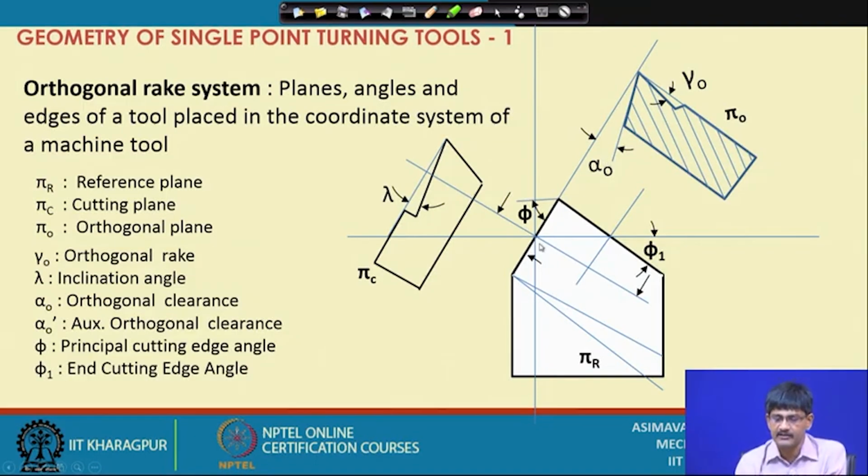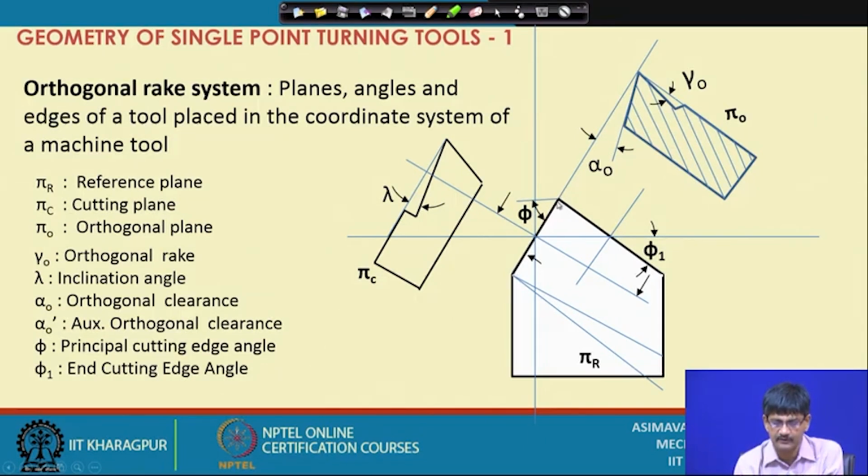On this side, if we look at the tool, no section is required, we are simply looking at the tool and drawing a view, and we may see that the cutting edge is actually inclined. It's not straight. Here it's looking straight, but from the top, as it goes backwards, it might be inclined downwards, or it might be inclined upwards also, but it's basically having an incline.